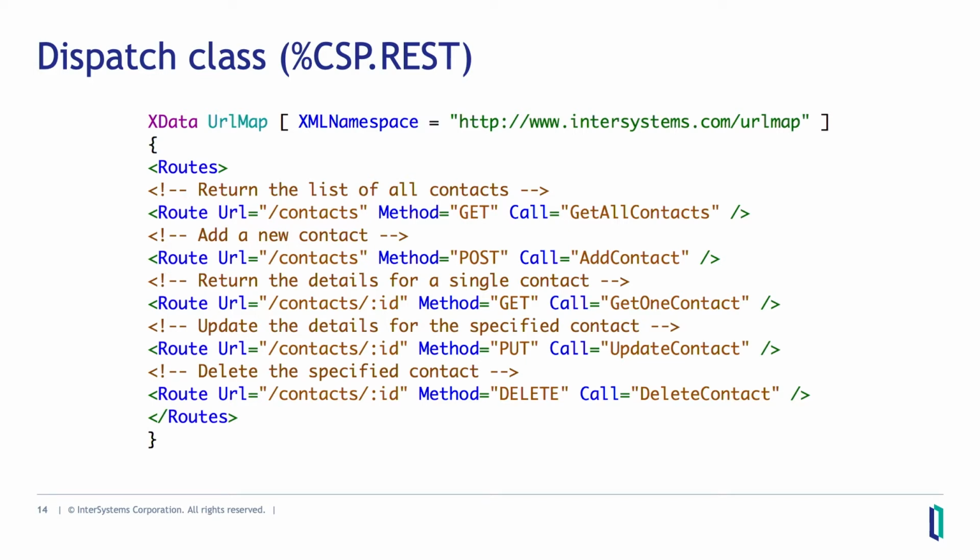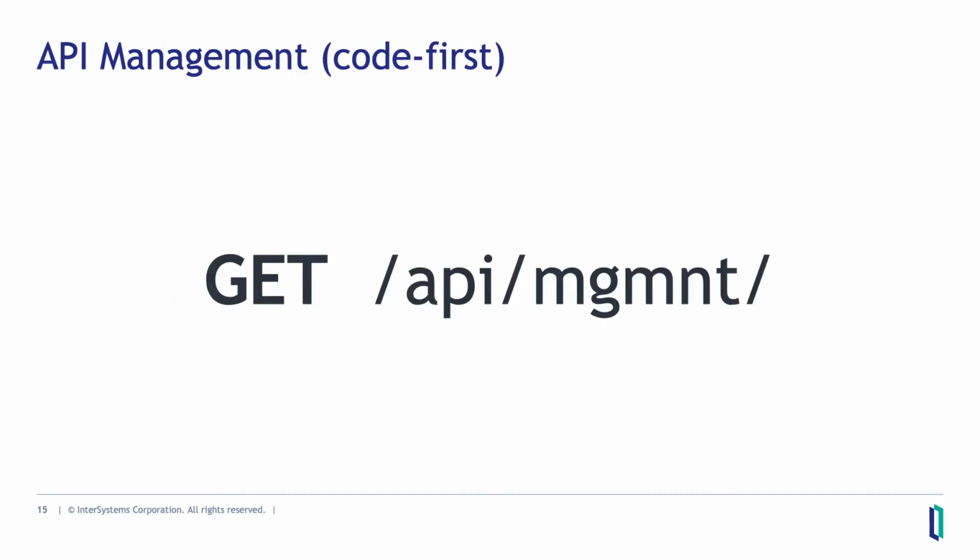Now, if you have gone the code-first path, if you've written that class yourself, your own dispatch class, you can get a Swagger spec on demand, as I said, by using this REST endpoint, API MGMNT. What this does, I'm not going to demonstrate this to you now, but it will return a list of the REST services that are available on that Iris instance, with the option to drill down into each one and get the Swagger spec.